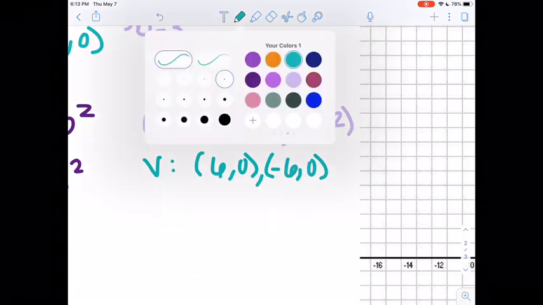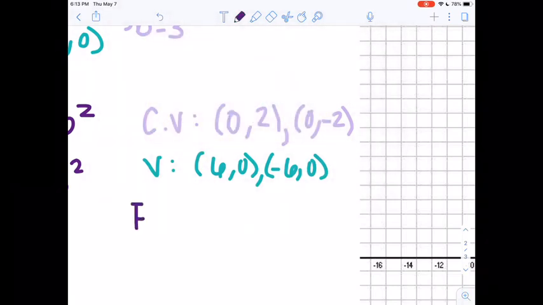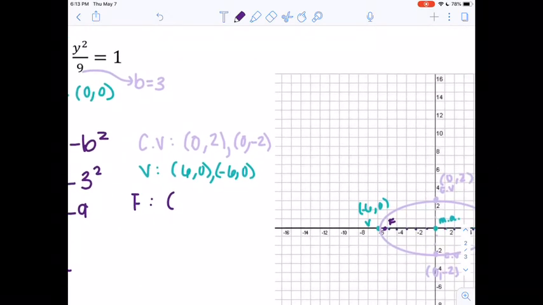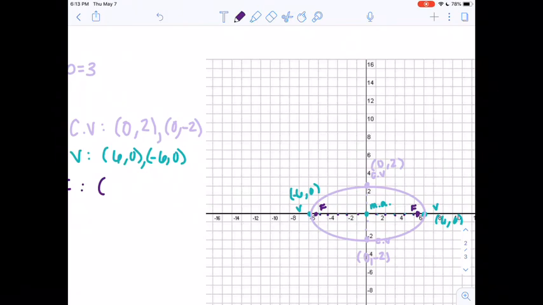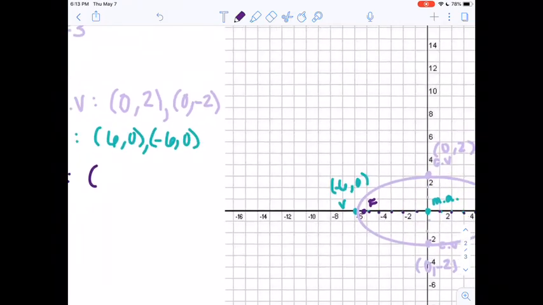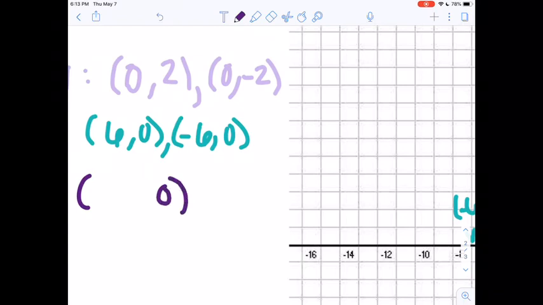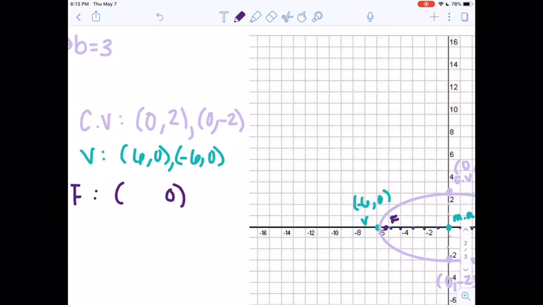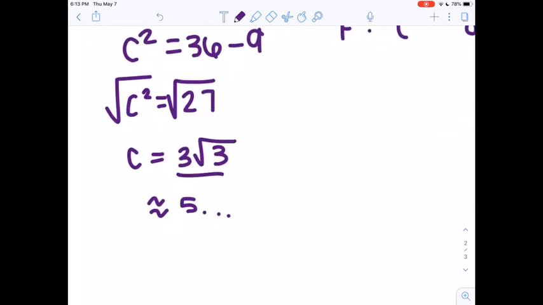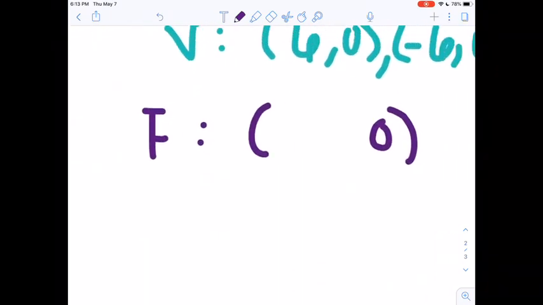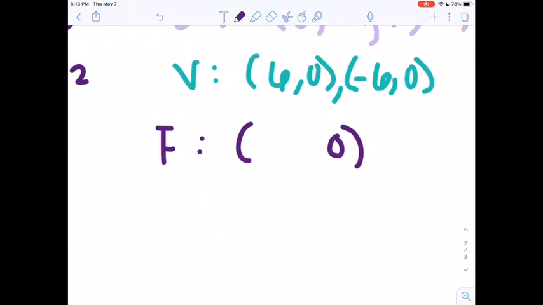And then if we want to label the foci, I'm just adding spots from the center. So notice that all that's moving is the x value, not the y. So I know the y is still going to be 0 on the foci. All you're doing is taking away or adding to the x value. And we did that by adding 3 root 3 and subtracting 3 root 3. So my center was at 0, 0.